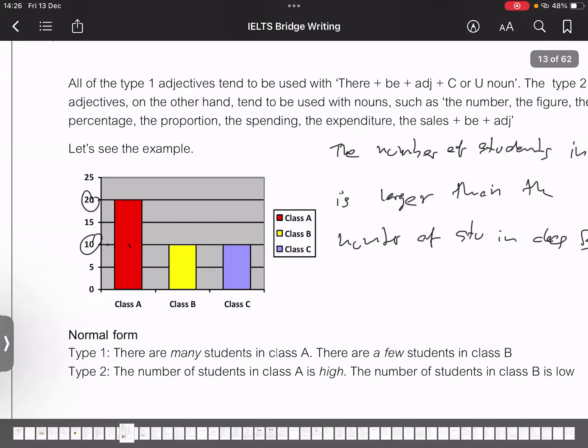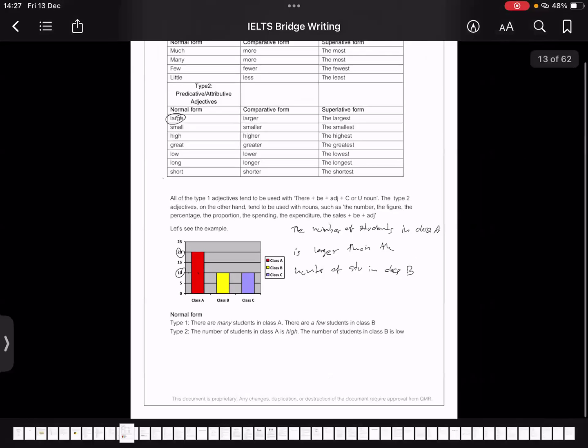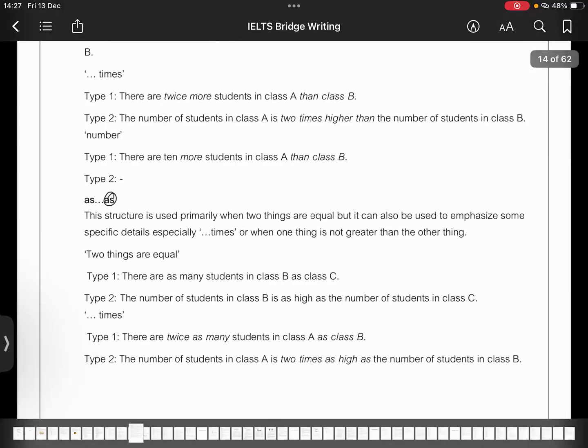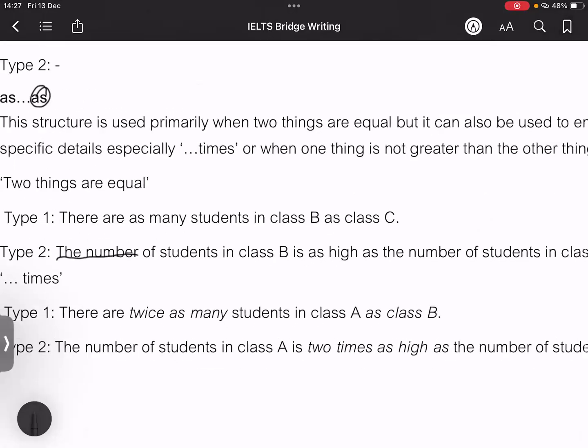I can say there are as many students in Class B as Class C. I can also say Class B has as many students as Class C. But if I want to use what we call the type 2 adjective, which begins with quantity, like numbers, the number of students in Class B is as high, you see?